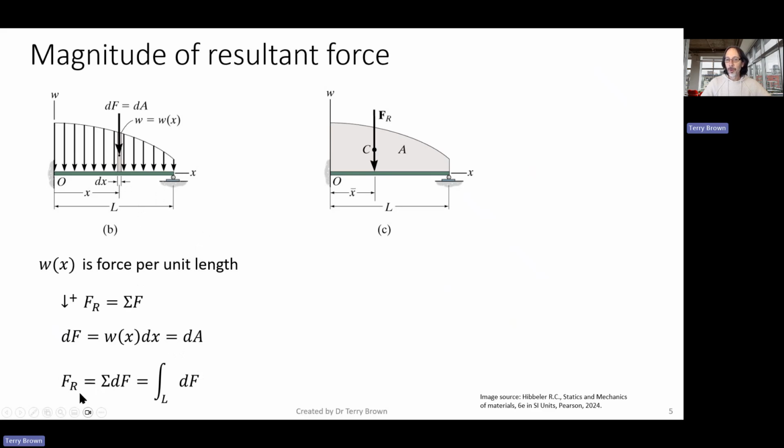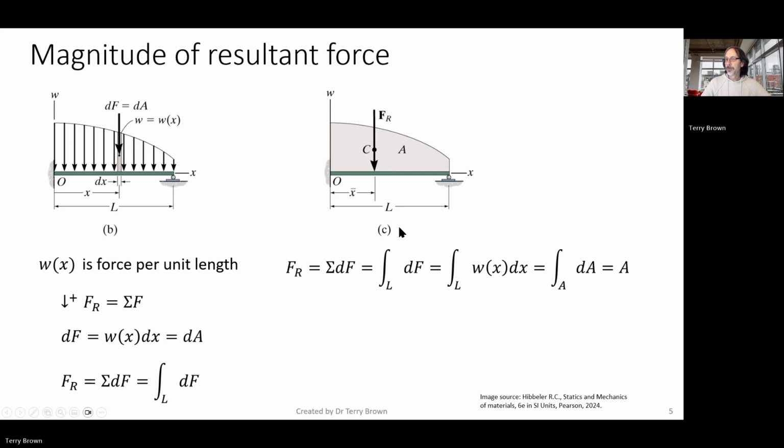The total force is equal to the sum of all of these dF's, and the way we do that for a continuous function like this is to integrate. You should remember that integrating is the same as finding the area under the curve. So our resultant force is equal to the sum of all the little forces dF, added up for a continuous function by integrating.